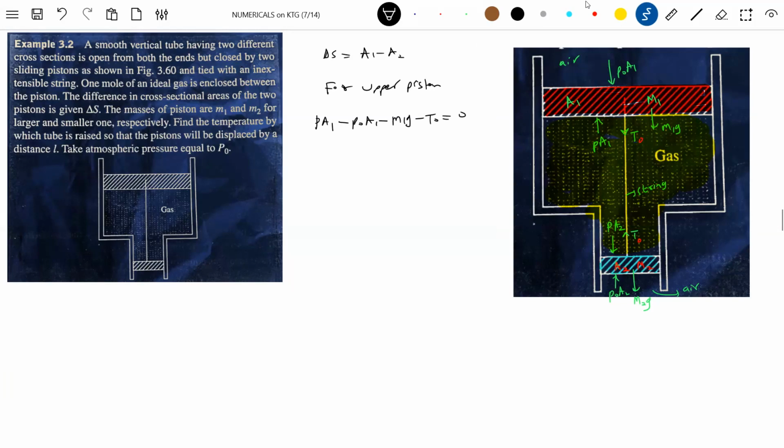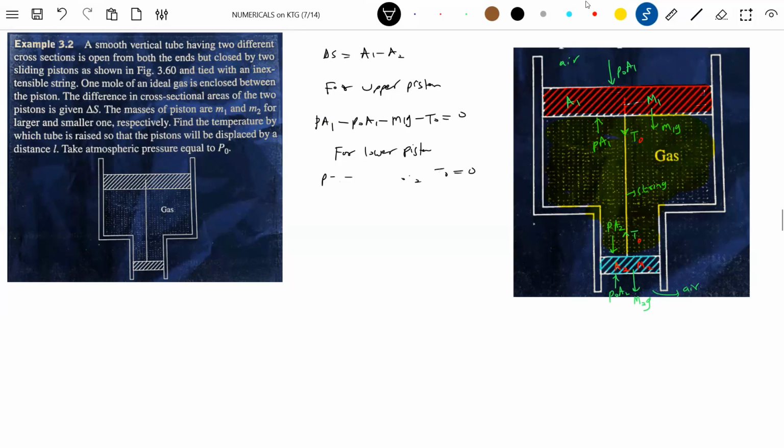Now for the lower piston, PA2 plus M2G minus P0A2 minus T0 equal to 0.